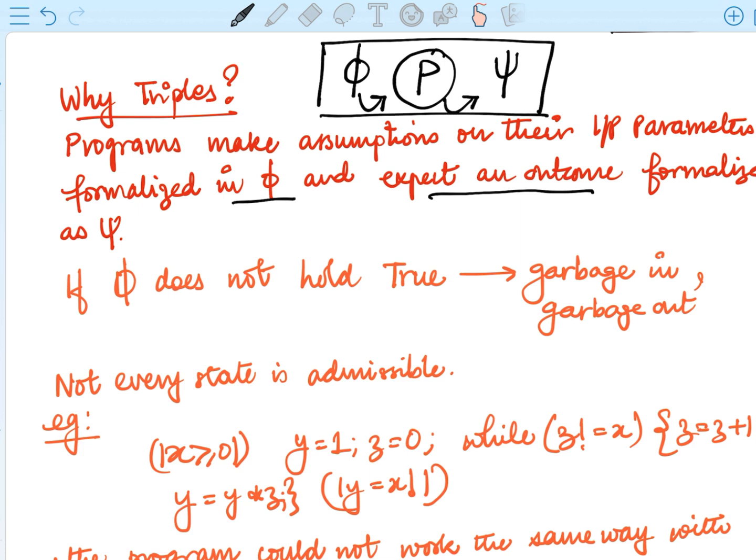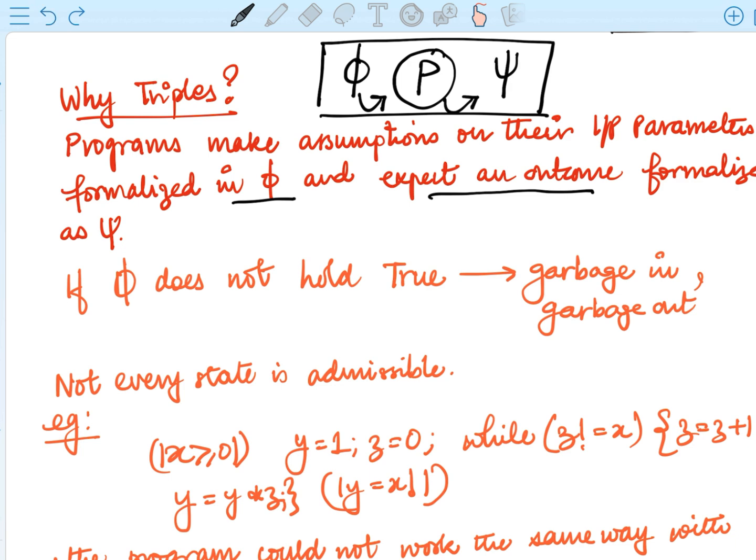If you say, I don't want the precondition, that is, we are not assuming anything, then what will happen? You will get unnecessary values out. If you say, I want the assumption on input, but I'm not concerned about output, then your ultimate goal of meeting the expectation through the program will not be fulfilled.